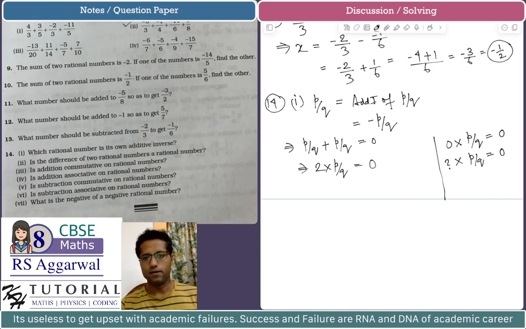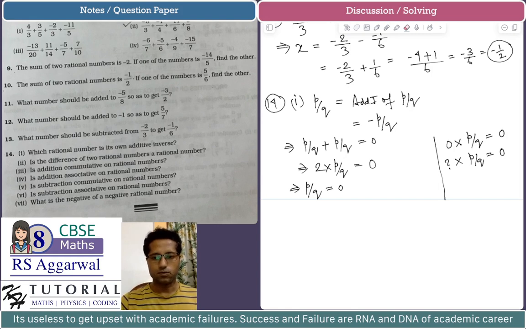So over here in this problem, p by q is unknown. So we can immediately say that p by q is 0. So we have proved that the rational number has to be 0.